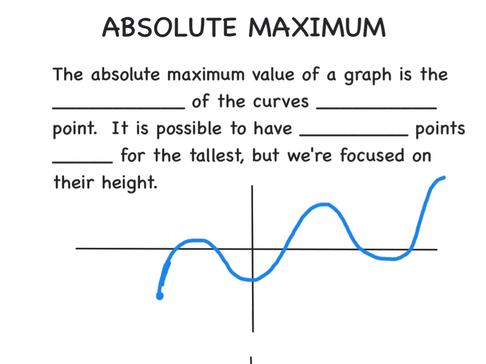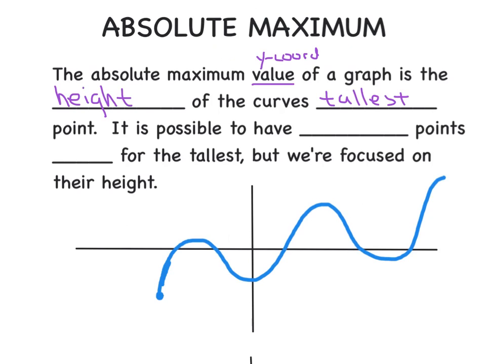An absolute maximum value, and I'm going to highlight this right here. The word value implies y coordinate, okay? The absolute maximum value of a graph is the height of the curve's tallest point, okay? Height, again, that refers to the y coordinate of the curve's tallest point. So we're kind of like crowning a grand champion of all the tall points.